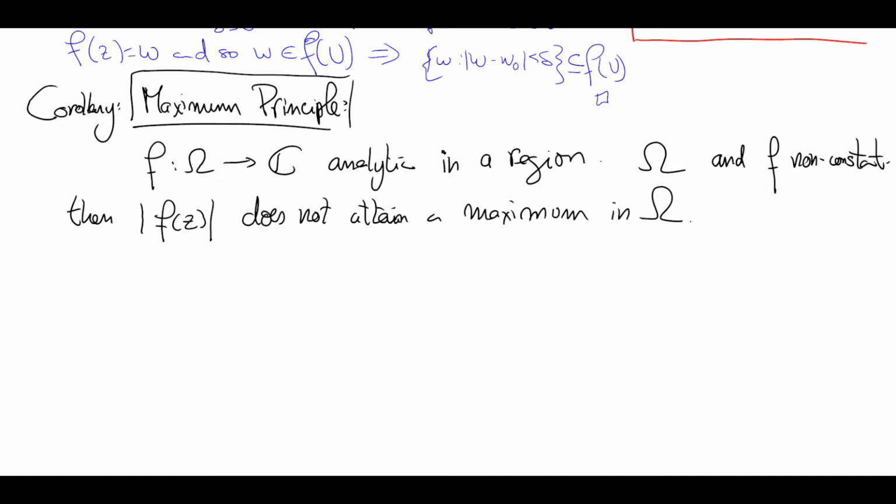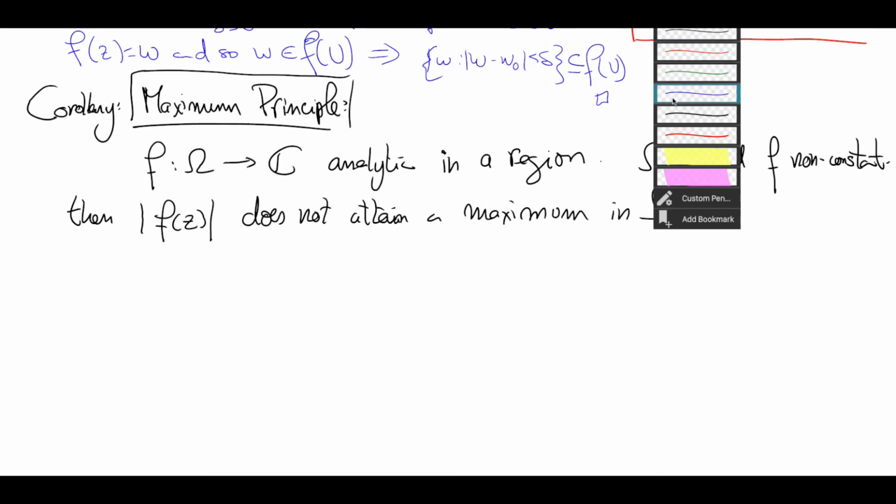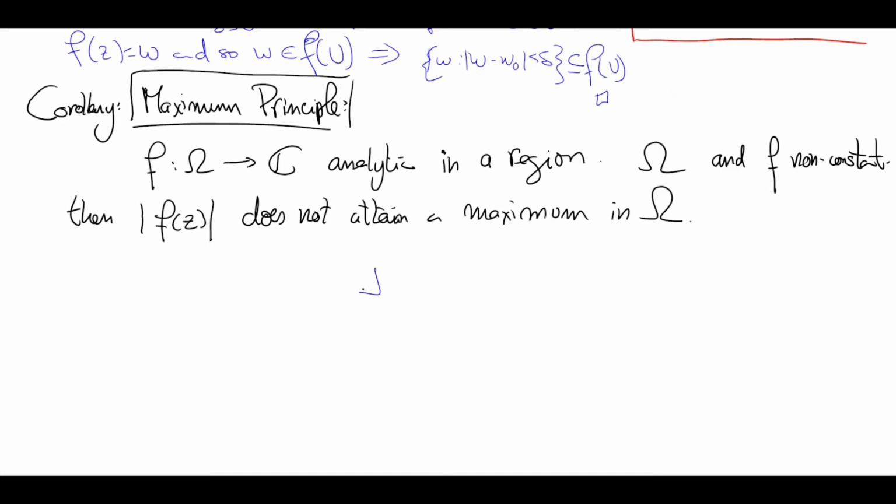I mean that there does not exist z0 in omega such that the absolute value of f of z0 is bigger or equal than the absolute value of f of z for all z in omega. There's no point that rules over all the other ones.